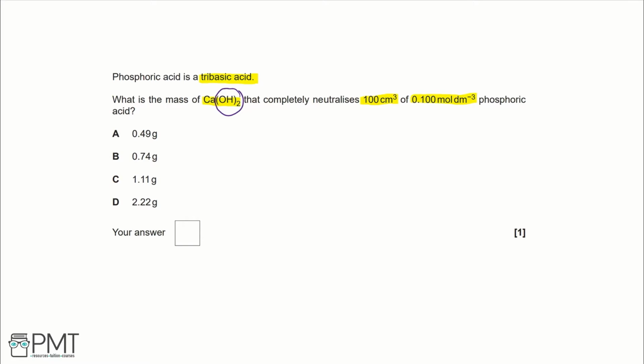So we're going to use the equation triangle first of moles is equal to volume times concentration, which we can work out using the information in the question. We can work out number of moles by doing 100 times 10 to the negative 3, that's converting centimeters cubed into decimeters cubed, and then multiplying by 0.1, which gives us 0.01 moles.